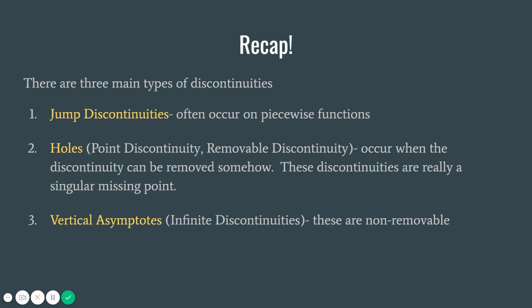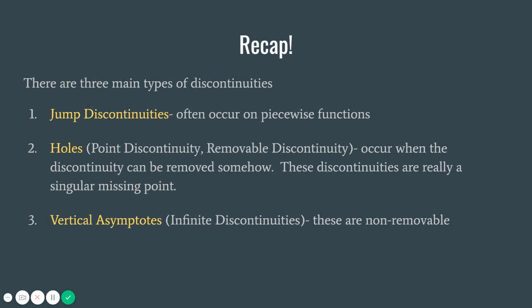So just to recap, there are three main types of discontinuities. There are jumps, which often occur in piecewise functions. There are holes, which are discontinuities that we can somehow remove or cancel out, or fill in the issue. They're often on rational functions, but they can occur elsewhere.